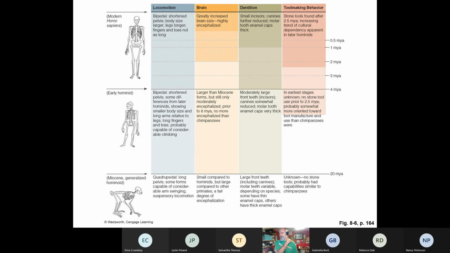Now, I've mentioned this before, and I think it definitely needs to be mentioned again: when you look at the fossil record, what we have found the most of and focused the most on is ourselves and early hominids. But what we have not really developed a strong foundation for is these generalized hominoids that we're seeing represented down here.